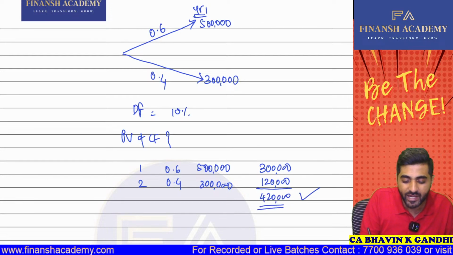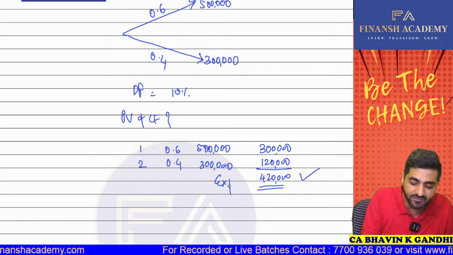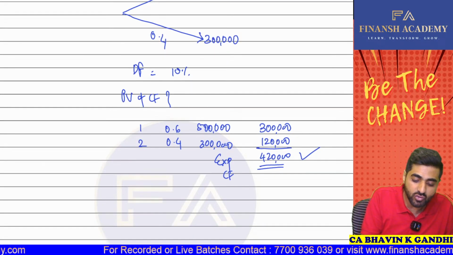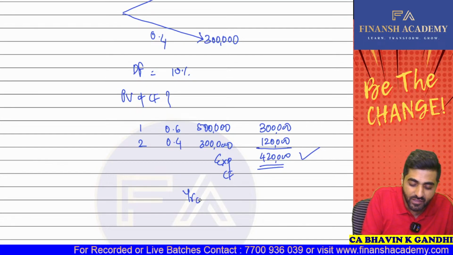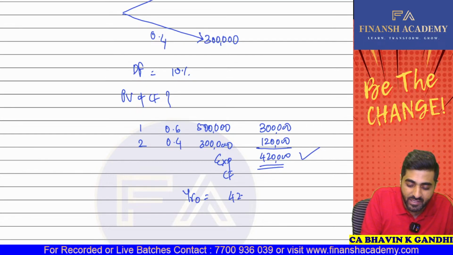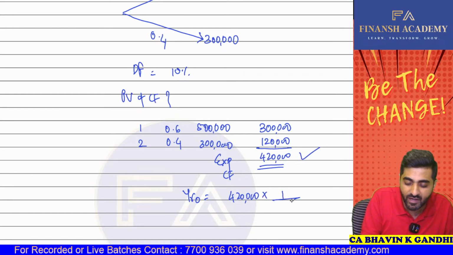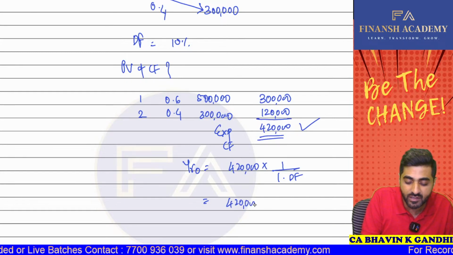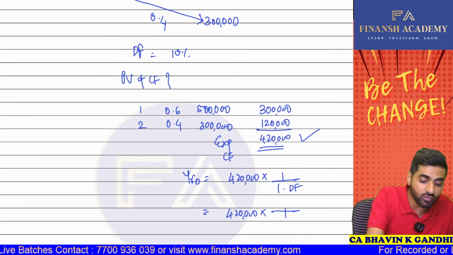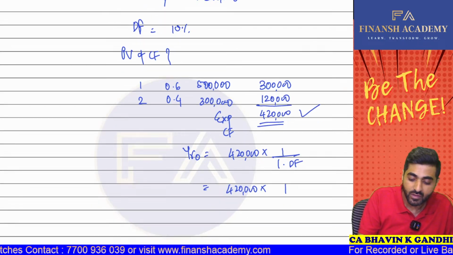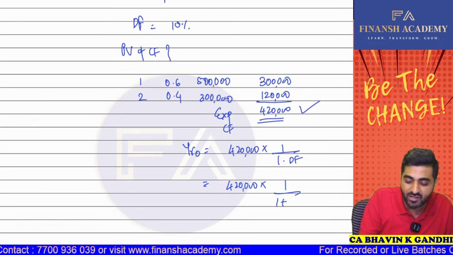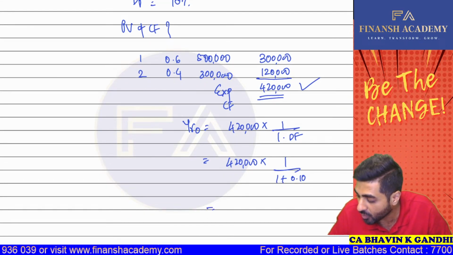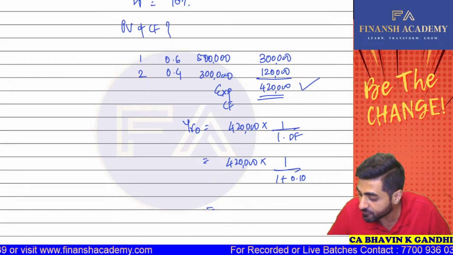So 4 lakh 20,000 is going to be my expected cash flows, but these expected cash flows are going to be at the end of year one. So what is going to be the present value? What are the cash flows today? We'll take 4 lakh 20,000 into 1 divided by 1 plus the discounting factor. 10% is 0.1, so this will be 1 divided by 1.1, multiplied by 4 lakh 20,000.